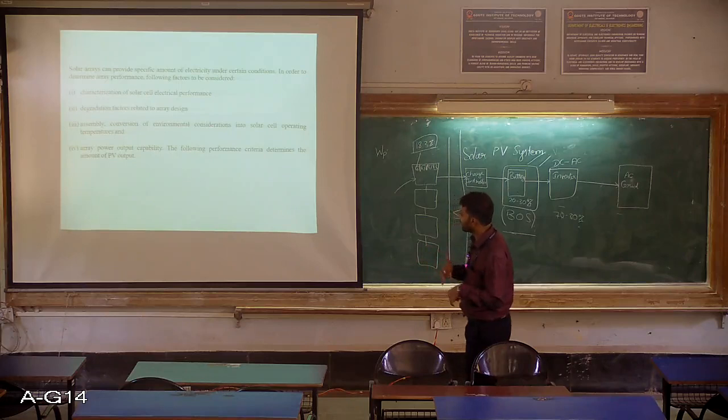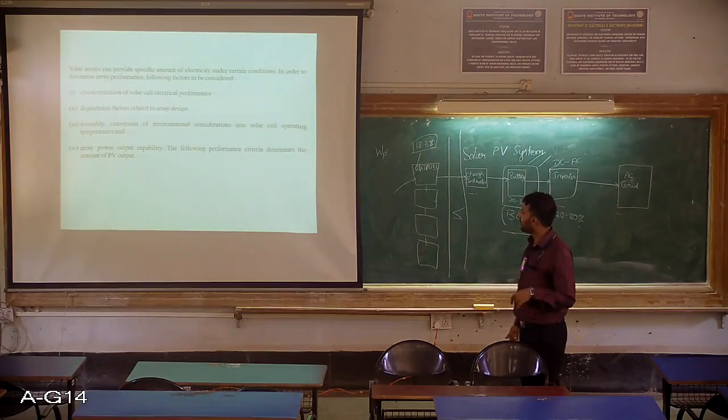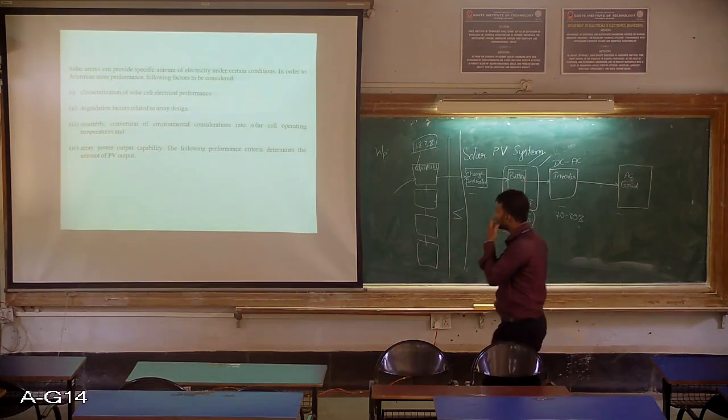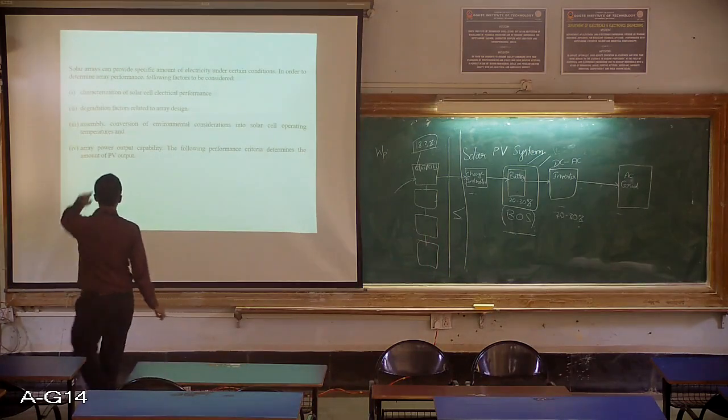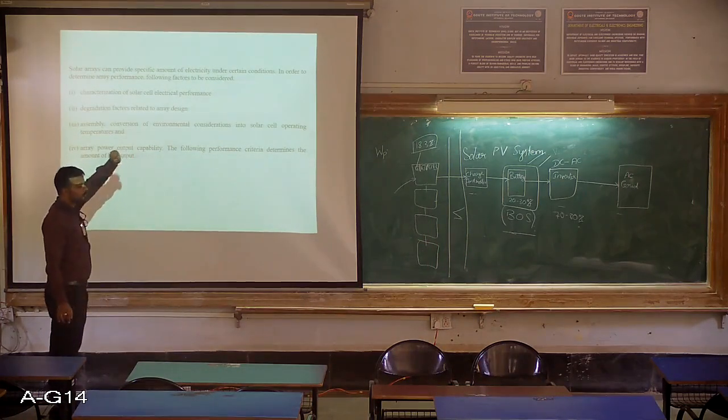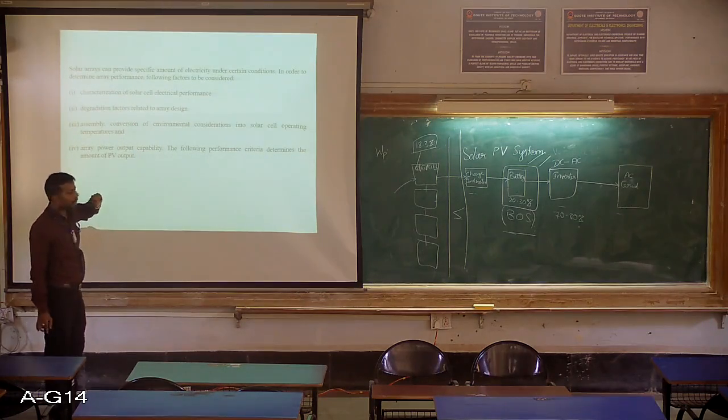And then the last is array power output capability. The following performance criteria determine the amount of PV output. Array output capability also we should take into consideration in order to find out the solar array performance.